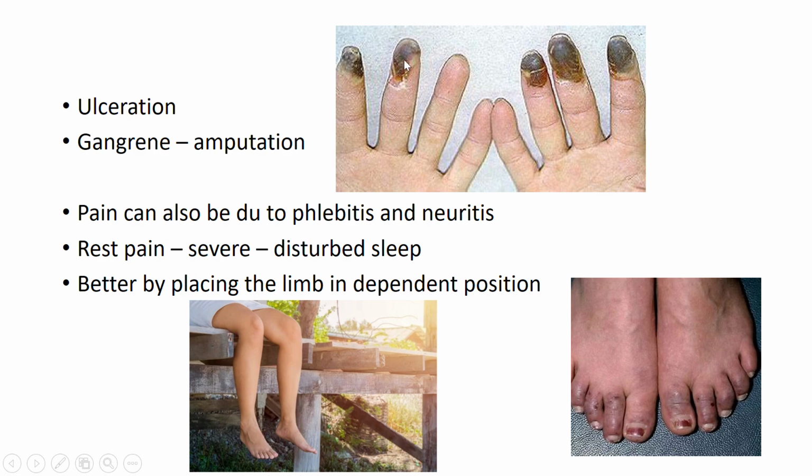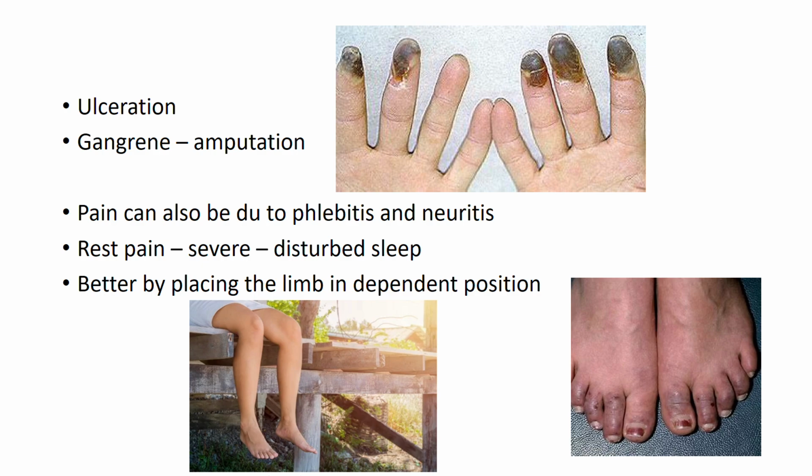So the tips of the fingers and the toes are first affected, and gradually they proceed proximally, or towards the hand. So this is how the disease progresses from the distal to the proximal. If a gangrene or ulcer is not seen in this pattern, then Buerger's disease can be ruled out. And further, the pain can also be because of the phlebitis and the neuritis that is associated with this disease.